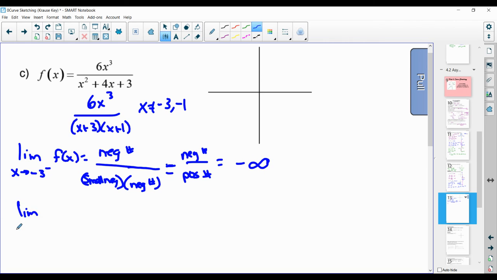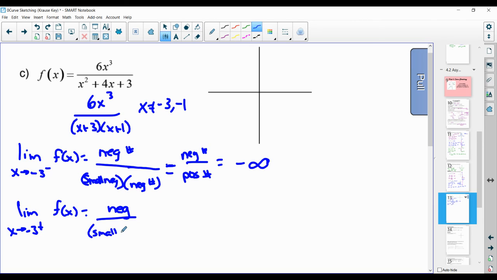If I take a look at the limit as x approaches negative 3 from the right-hand side, on the top, again, I'm still going to have a negative number, because the negative cubed and then multiplying by 6 is still going to be negative. On the bottom, if I take a number that's on the right-hand side of negative 3 and add it to 3, it's going to become positive.